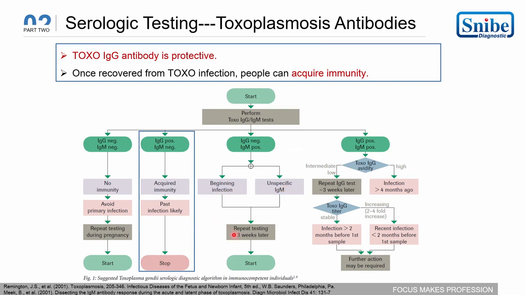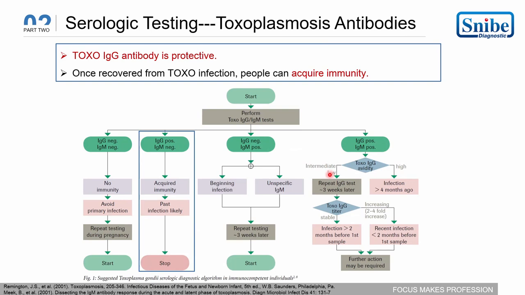If after 3 weeks it is again positive, then you have to go for a consultation with the obstetrics and gynae physician to rule out neural tube disorder or fetal anomalies. If they have IgG and IgM positive, then they have to go for toxo IgG avidity testing. In this case, there are two possibilities: either an intermediate or a low toxo IgG avidity test.